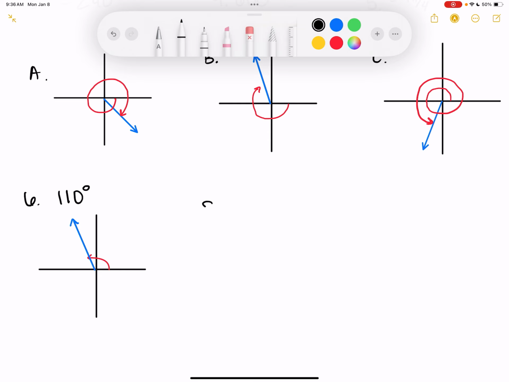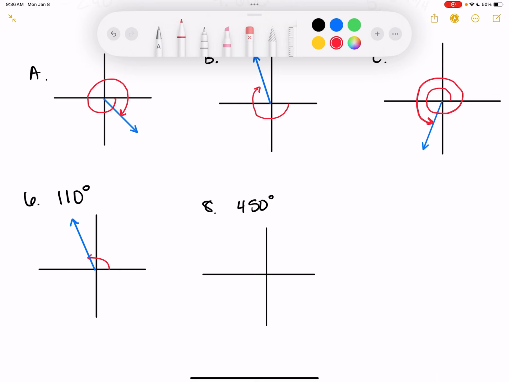Let's see. 450 degrees. So 450 degrees, what do I know about that? It's going to go all the way around. Yep, I know I'm going all the way around one time. And then how many degrees past that am I going? So what's 450 minus 360? 90.